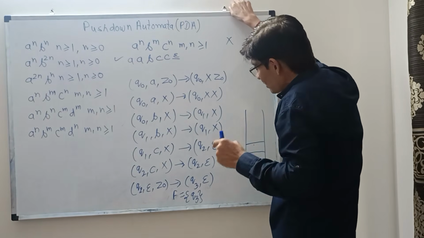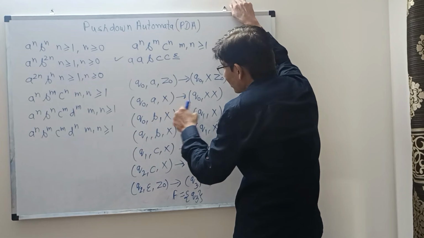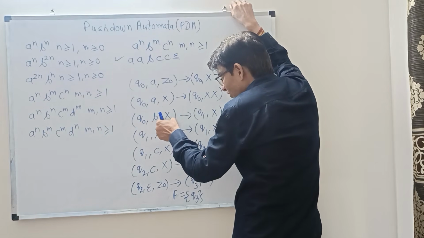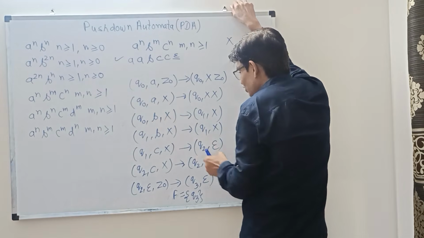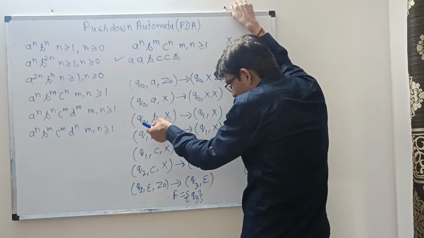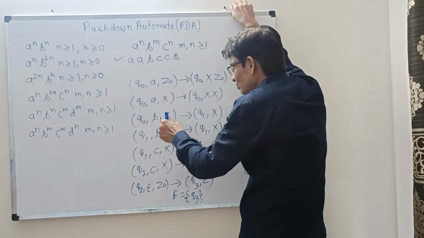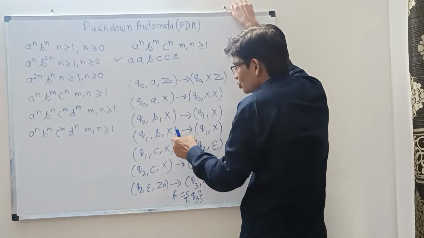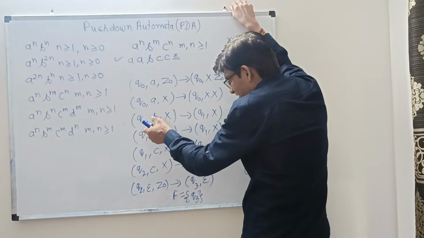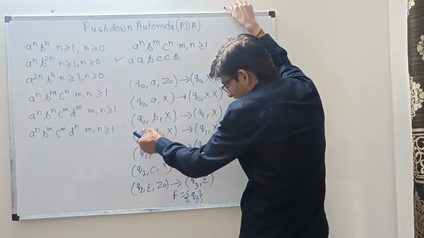In this case, when you are reading the first B, you are on Q0 and the stack top is X. So in place of B, you can directly get C here. So you need to add some more transitions like this.